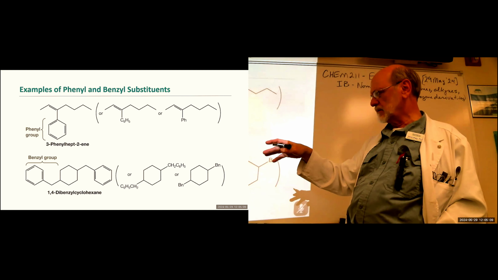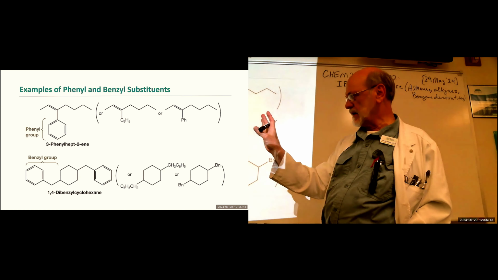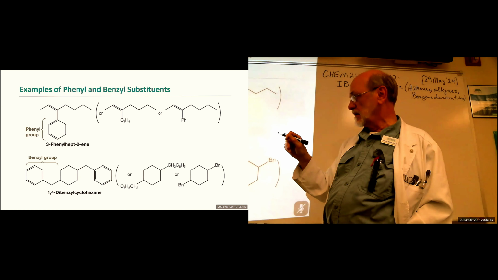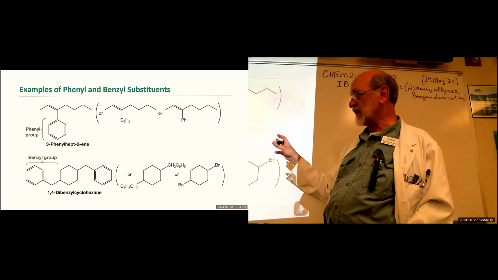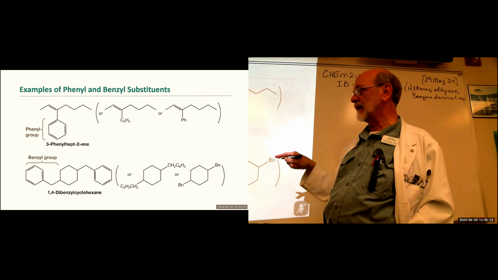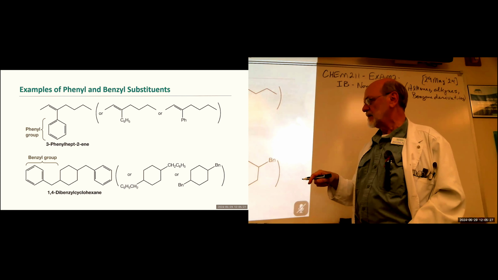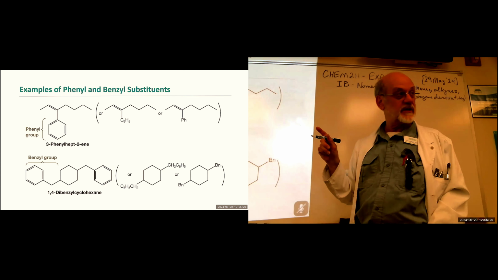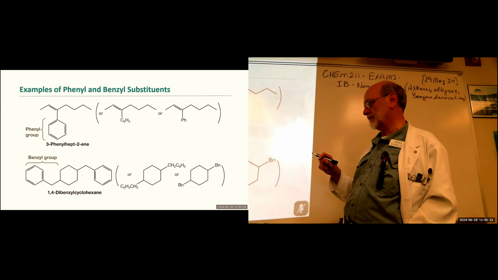Okay, benzyl would be a substituent. And then there'd be another benzyl on the other side, right? So we have a dibenzyl. And then we have cyclohexane in the middle. So the cyclohexane is the parent chain, and then you have 2 substituents to the side. Correct.